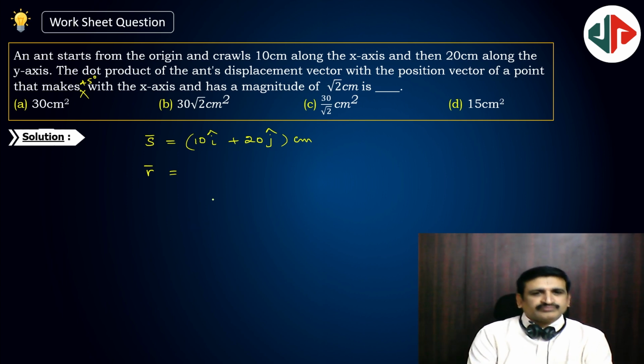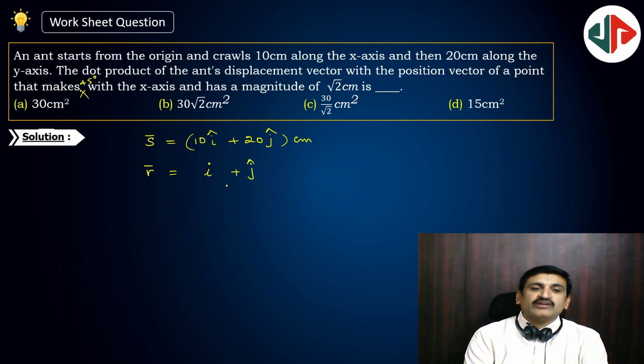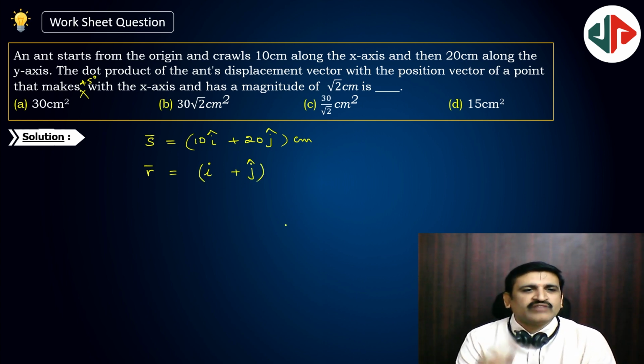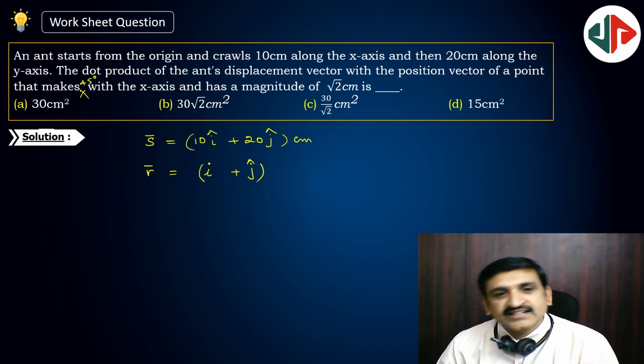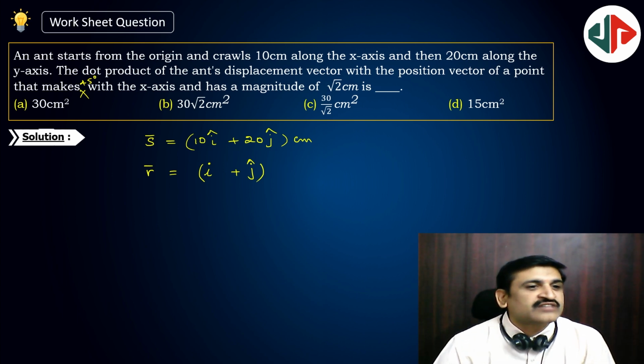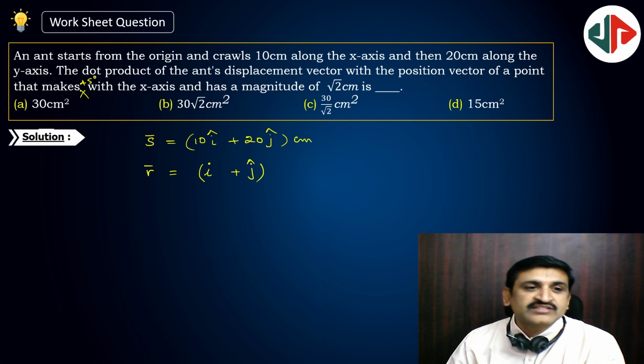So it should be i plus j. Then how much will it be? Root 2 is the magnitude, right? That's why. And now what is he asking? The dot product of the ant's displacement vector and the position vector, whatever makes 45 degrees with the x-axis, has a magnitude of root 2 centimeter.